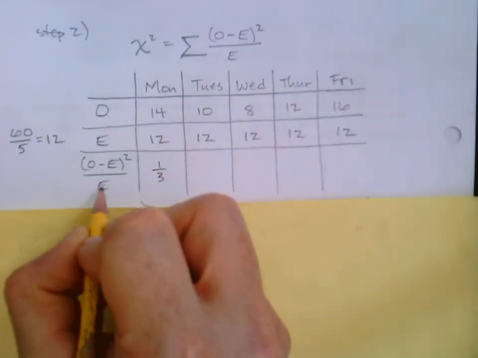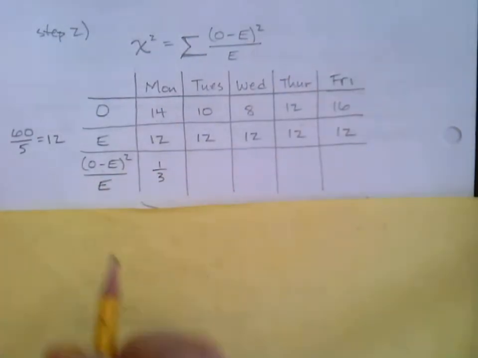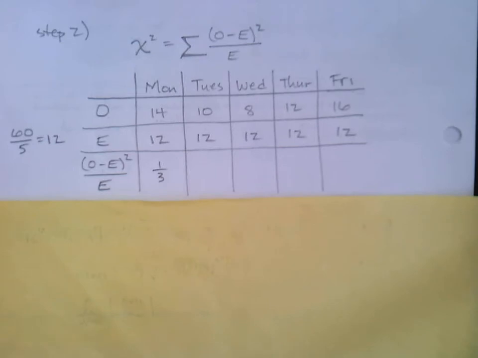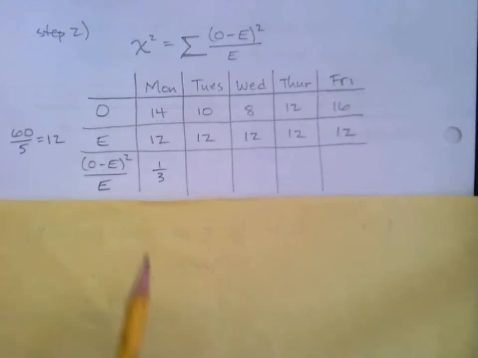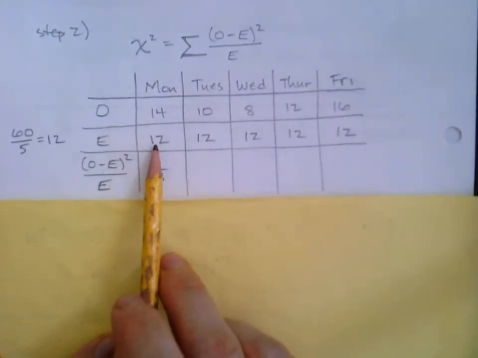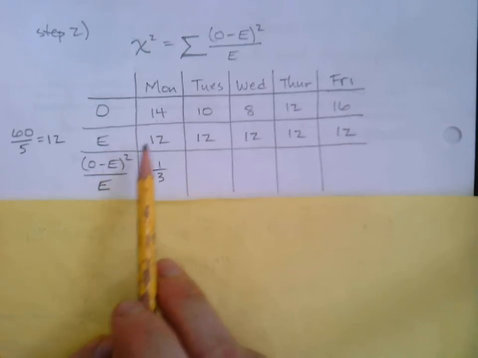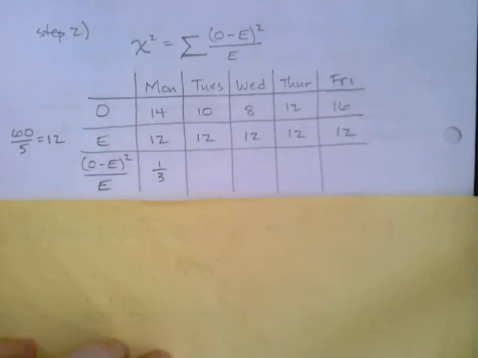And then dividing by the expected gives us that ratio, like how far away were we, because how far you are depends on the value there as well. I think I'm explaining too much. Let's just go for it. So 14 minus 12 is 2, squared is 4, and then 4 divided by the original 12. I gave the fraction version for this one, 1/3.